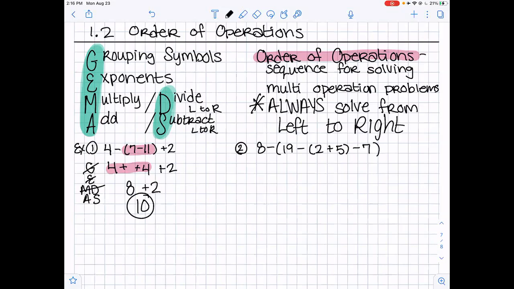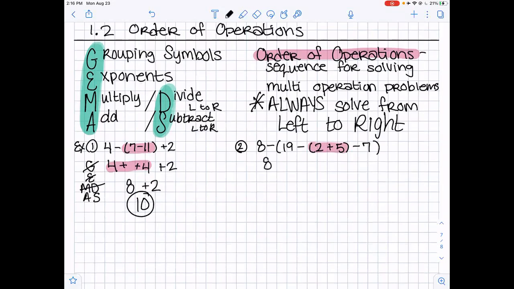Notice there are 2 sets of parentheses here. How do we know which one to do? You always do the one that's inside of the other one. So we're going to start right here with this parenthesis set that's inside of the other one. What's 2 plus 5? 7.